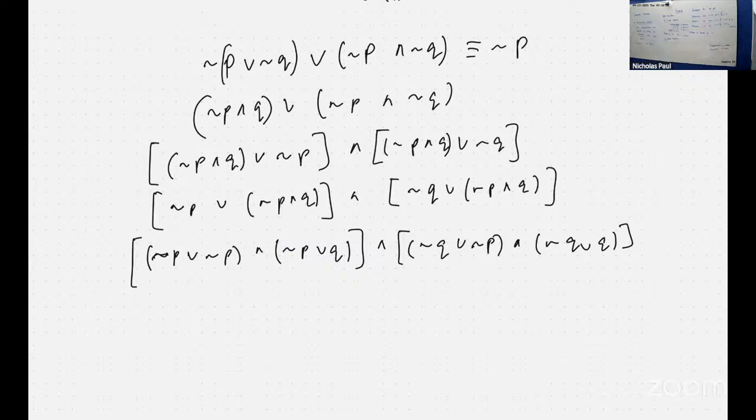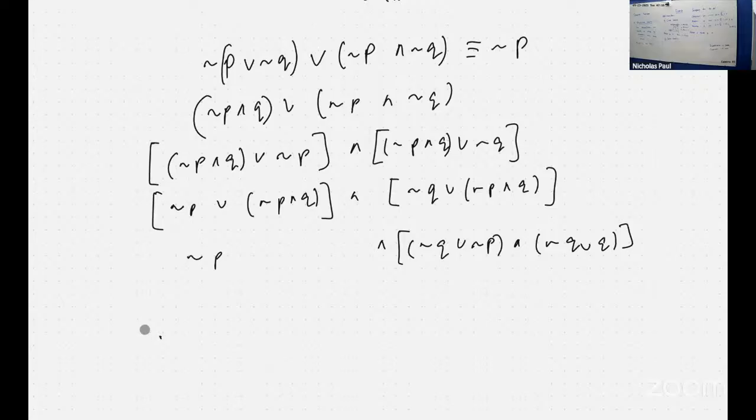Do you recognize that? I can just use the absorptive law here. And here I should get negation of P. That's just by using the absorptive law. So that'll be negation of P.